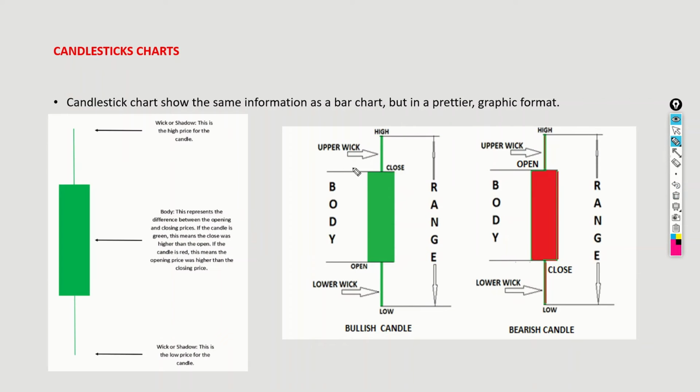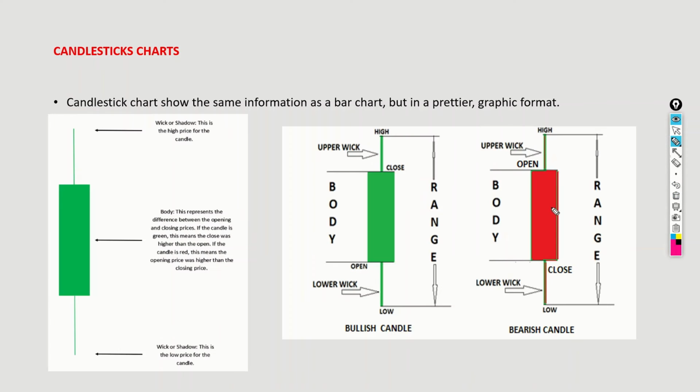When you see the candle is green, that candle is increasing, or what we call a bullish candle. The price moves higher because it opened lower and then it closed higher. When you look at the red candle, it still has the same parts. We have the upper wick, the lower wick, and the body. It also has the range.